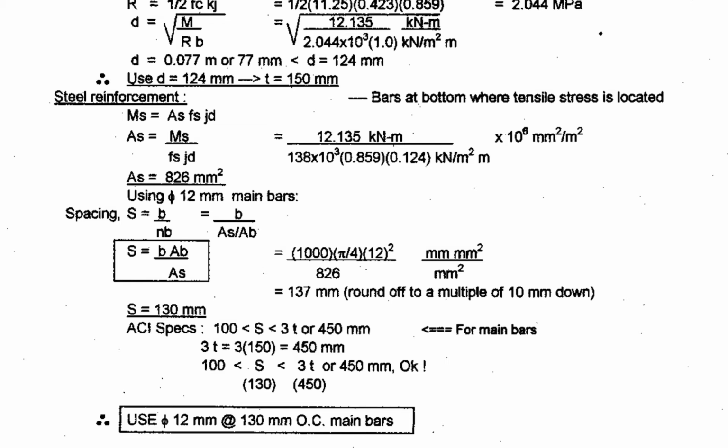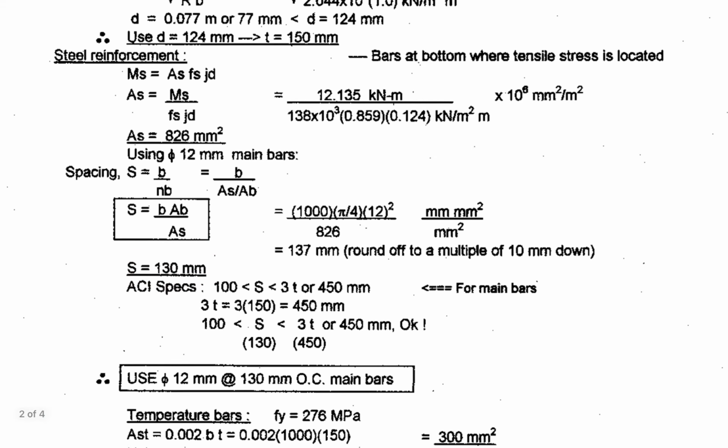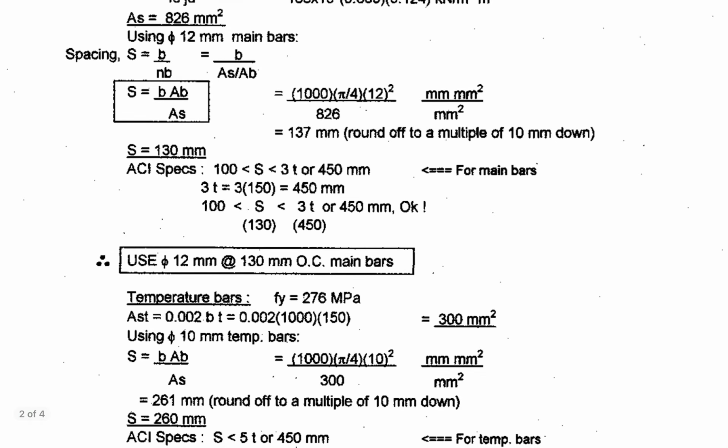So therefore, you have your spacing of 137. You should round it off to 10 millimeter down. So therefore, you have your spacing equivalent to 130 millimeter. And then from the ACI specs based on slabs, this is for the main bars.